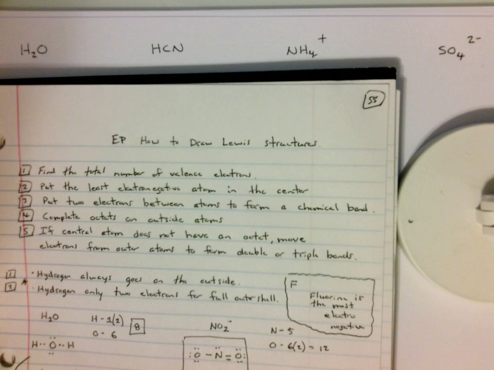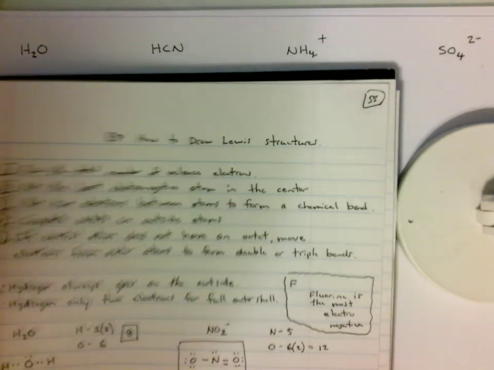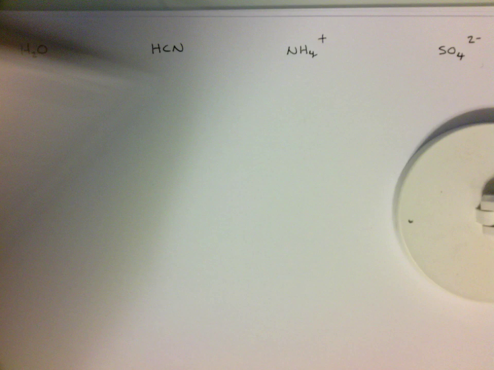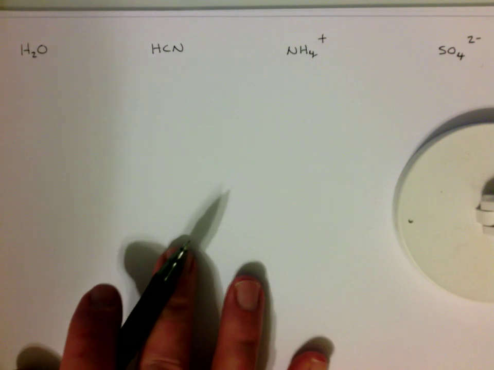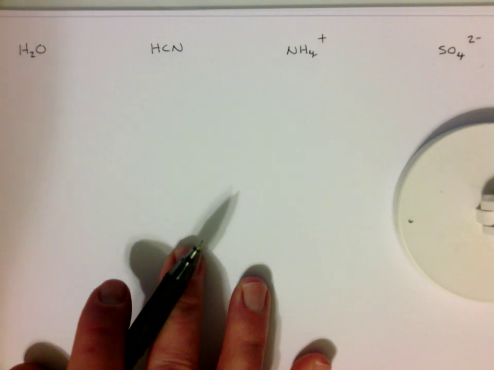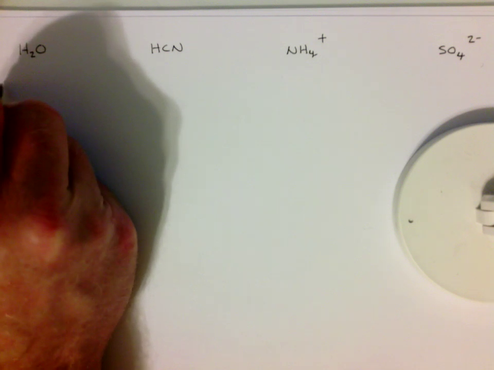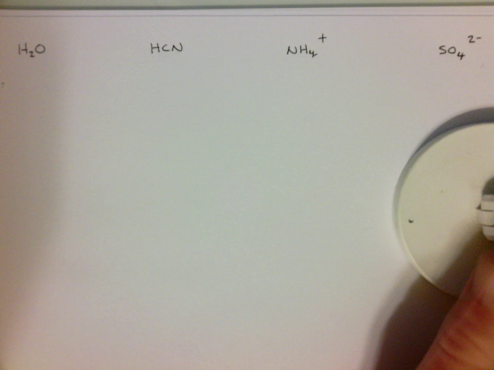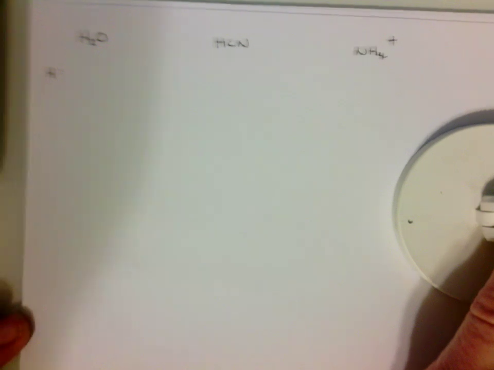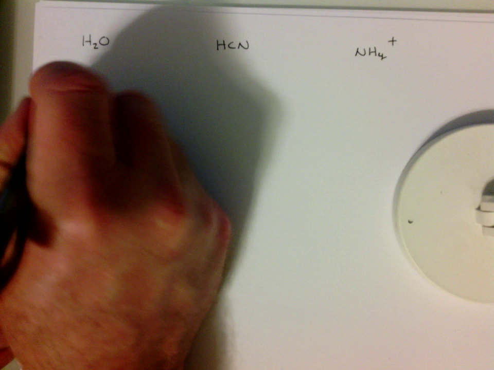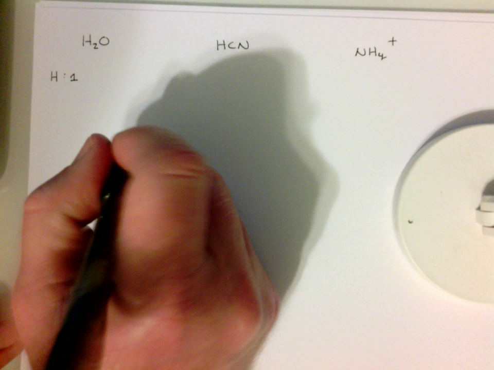The other important thing to note is that fluorine is the most electronegative element on the periodic table. So with that, we'll follow the rules and we'll start with H2O, or water. The first thing we're going to do for water is find the total number of valence electrons available. For hydrogen, there is 1 valence electron for each hydrogen atom.